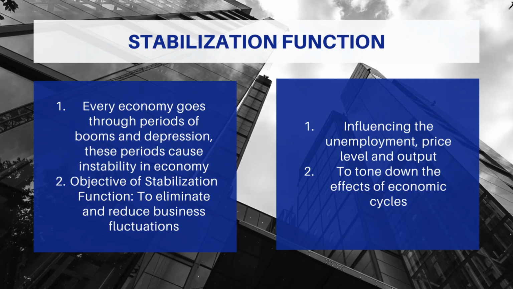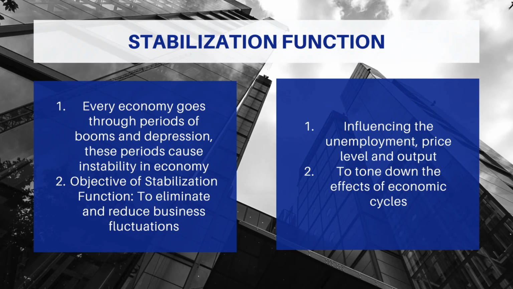The last function of public administration is the stabilization function. Every economy goes through periods of booms and depression, and these periods cause instability in an economy. The objective of the stabilization function is to eliminate or try to tone down the effects of economic cycles.